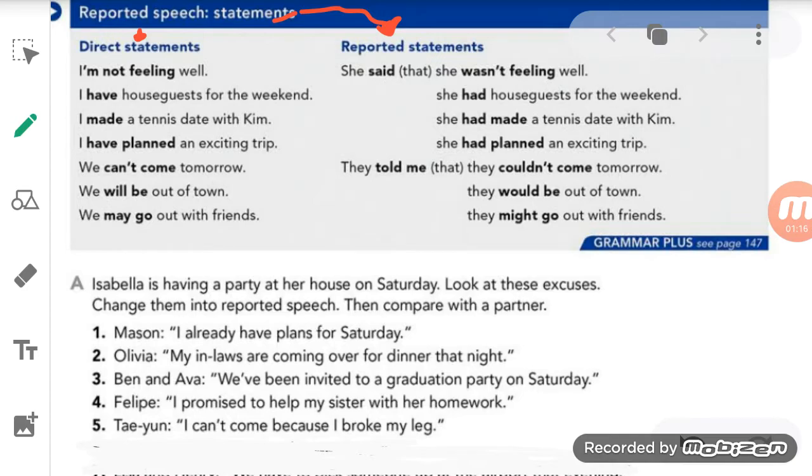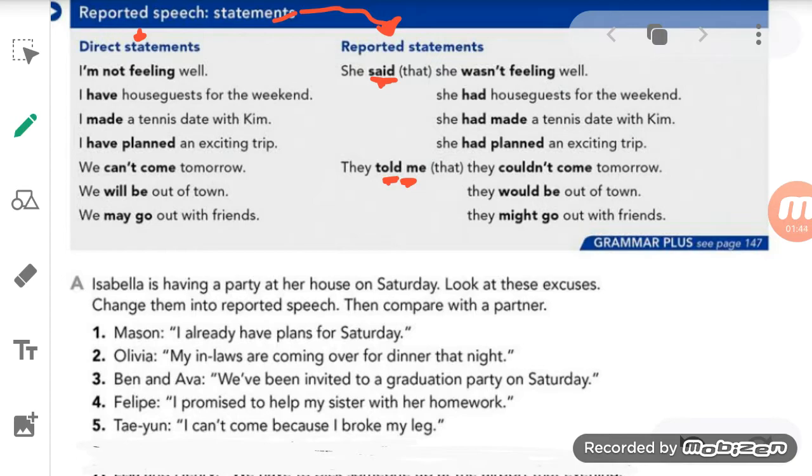You need to use say or tell. When you use say, you don't need to use the object pronoun, but when you use tell, or told in the past, you need the object pronoun me or him or her. Everything depends on the case.